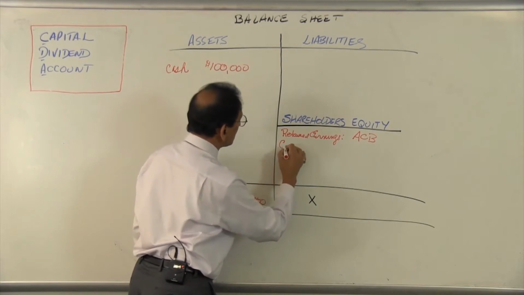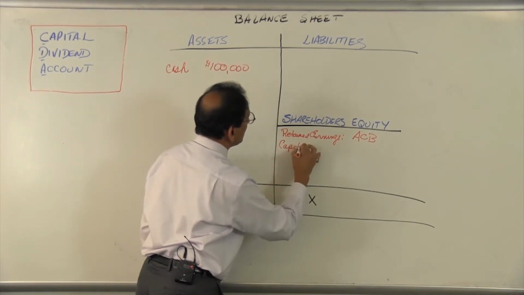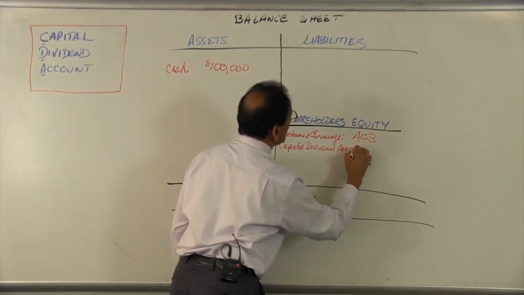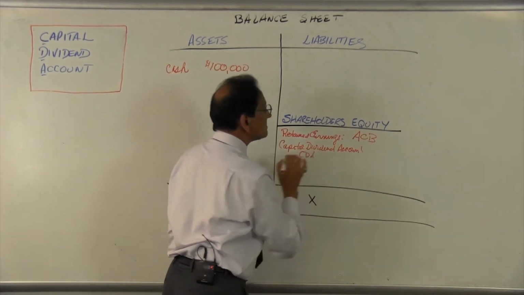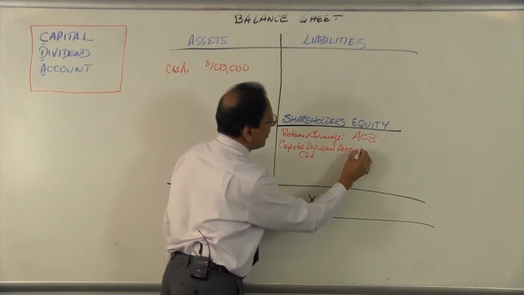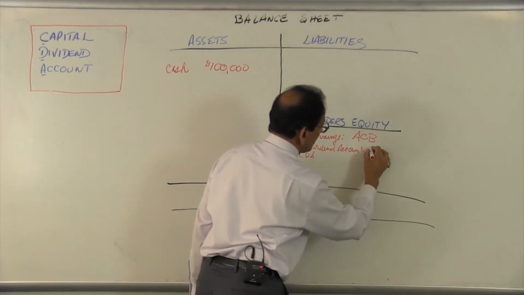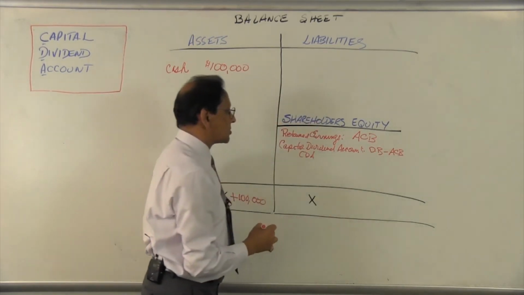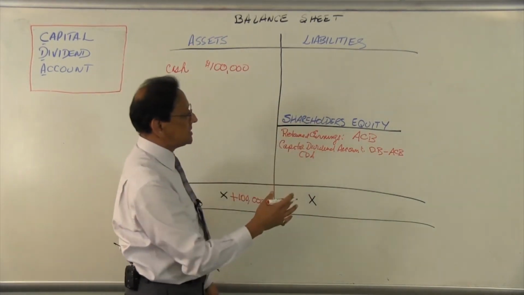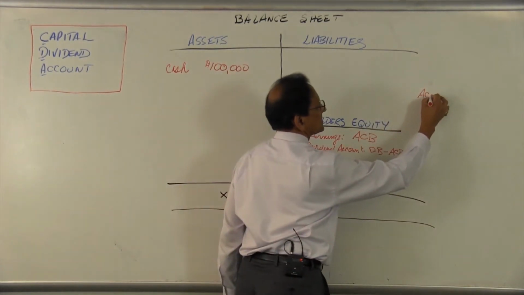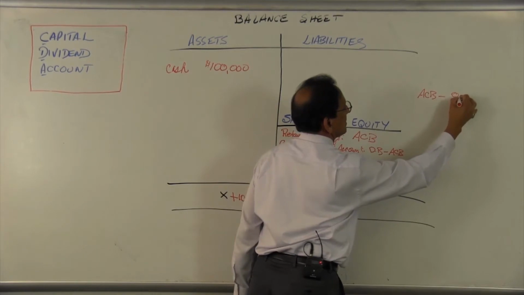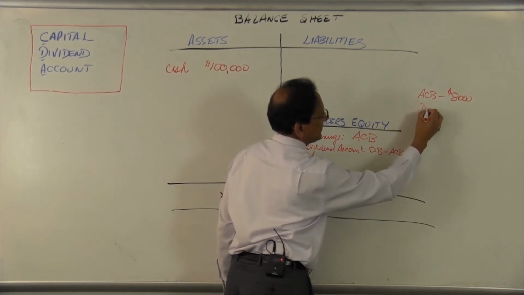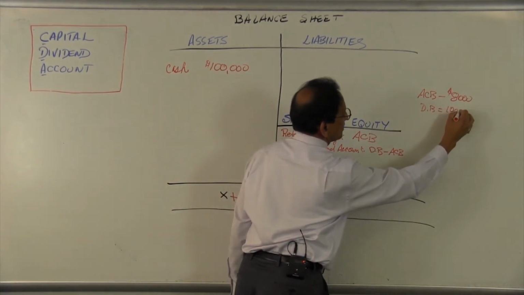The special account is called a capital dividend account. You'll see the term CDA, capital dividend account. What goes into this account is the death benefit minus the adjusted cost base of the policy. So let's say, for example, this policy had an adjusted cost base of $8,000, and it had a death benefit of $100,000.